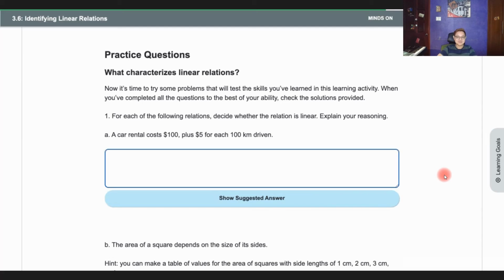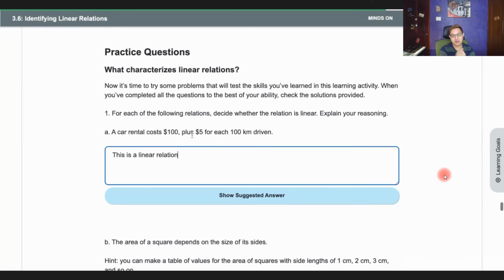So this is linear. It doesn't matter how much you drive, you just have to pay a flat fee, like $100, right? And then for every 100 kilometers driven, you have to add $5.